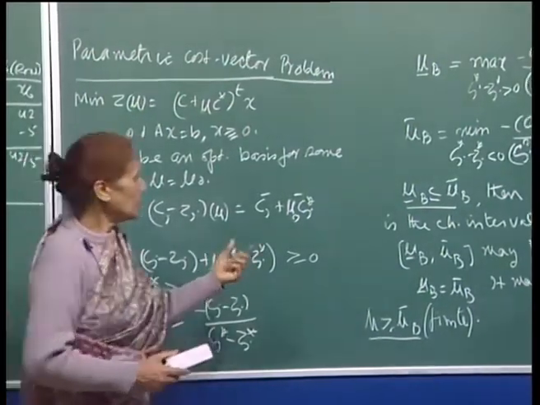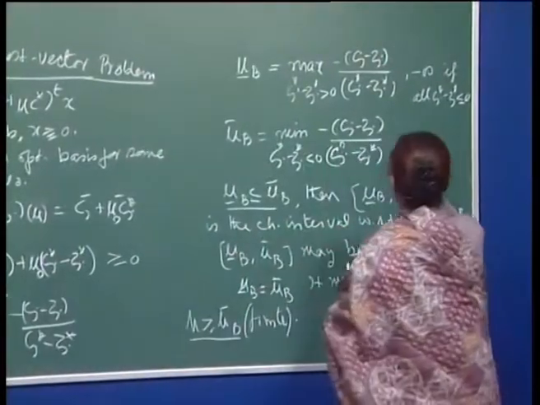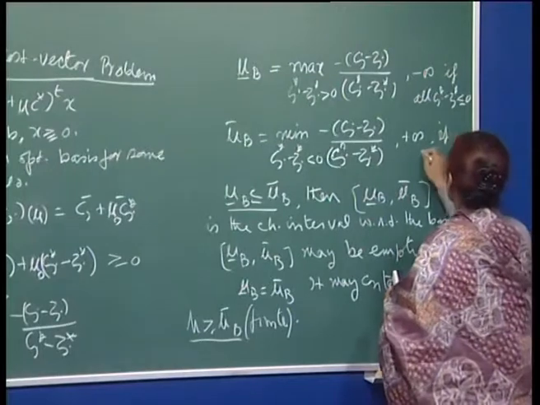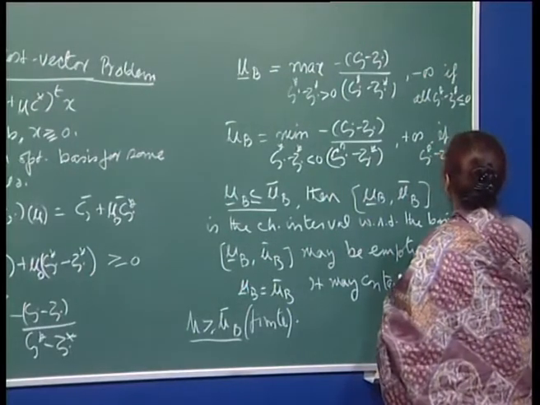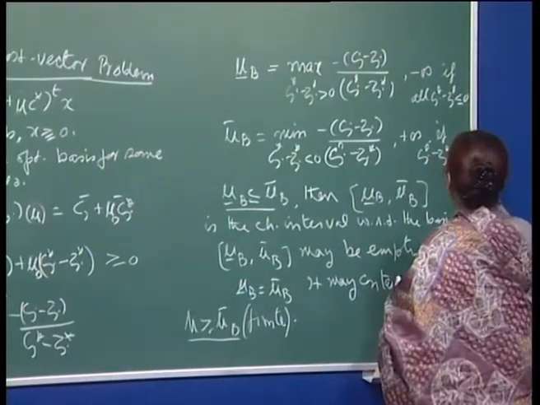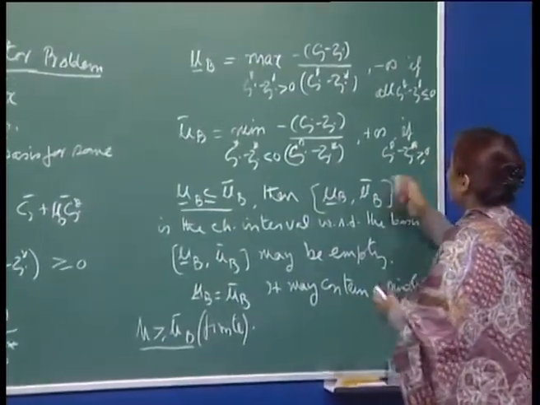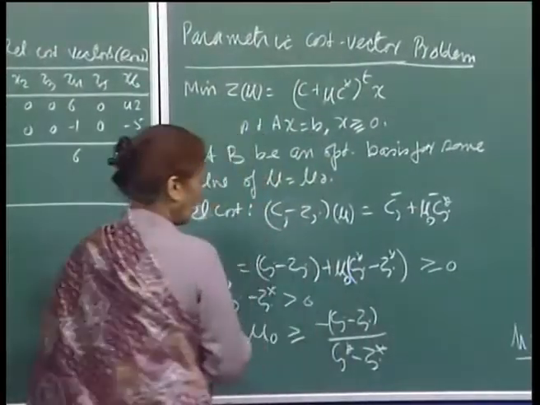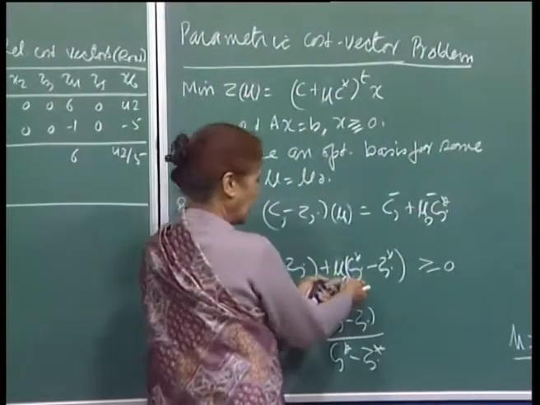Similarly here, the upper bar will be plus infinity if Cj star minus Zj star are greater than or equal to 0, because I can make this very large.